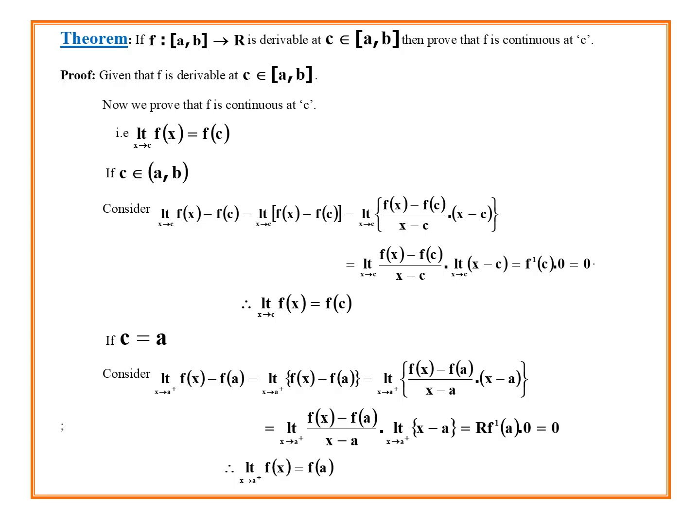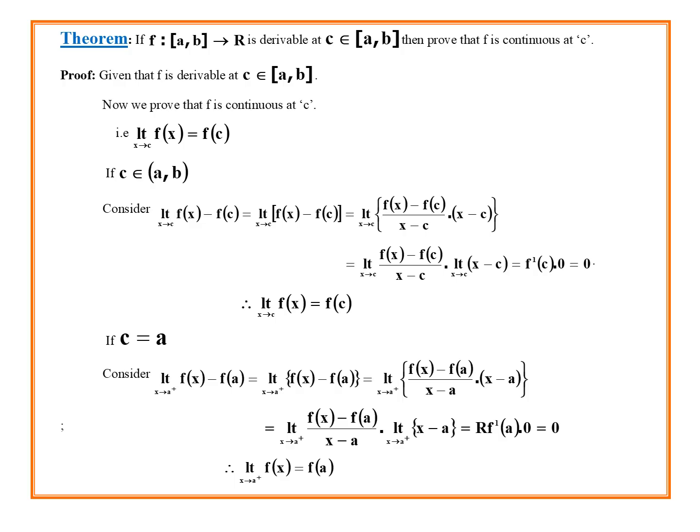Limit x tends to c (f(x) - f(c))/(x - c), limit x tends to c (x - c). We are applying the limit to this and this. We will get f'(c). This entire value is f'(c) into this, which is 0. So 0 into f'(c) becomes 0. Therefore, limit x tends to c f(x) is equal to f(c).